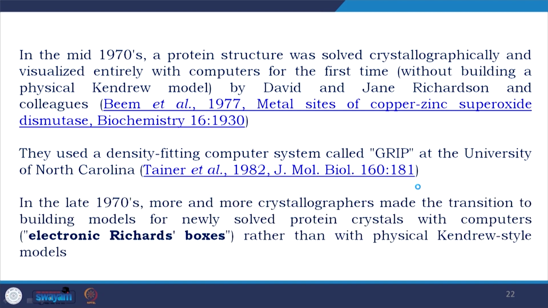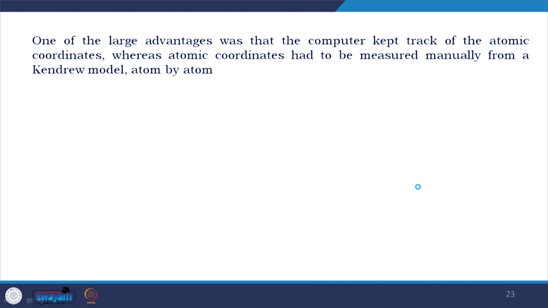In the late 1970s, more and more crystallographers made the transition to building models for newly solved protein crystals with computers, the electronic research boxes, rather than physical Kendrew style models. One of the large advantages was that the computer kept track of the atomic coordinates, whereas atomic coordinates had to be measured manually from a Kendrew model atom by atom.